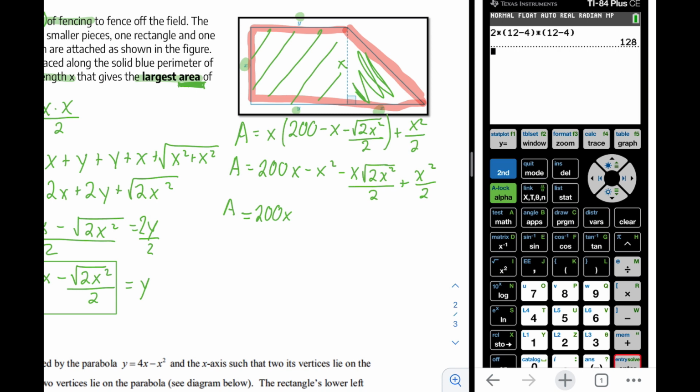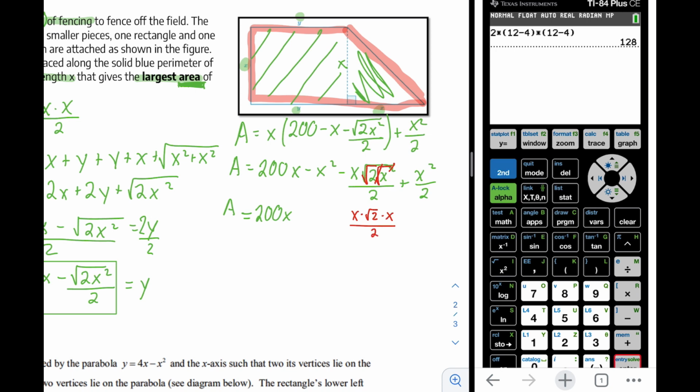So I have, let me change colors, the square root of 2 times x squared. So the square root of 2 times x squared, that's the same thing as saying square root of 2 times square root of x squared. So that means that these will cancel out. And I'm going to be left with x times the square root of 2 times x divided by 2.